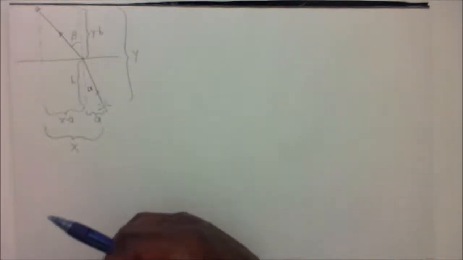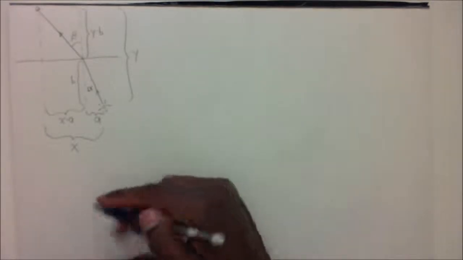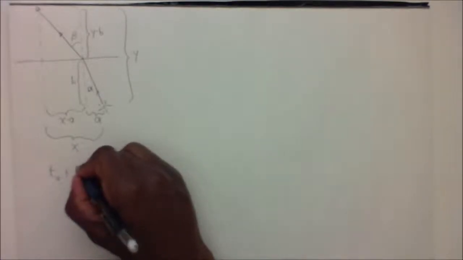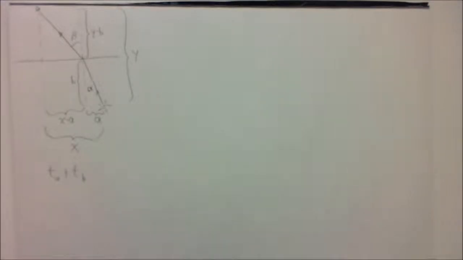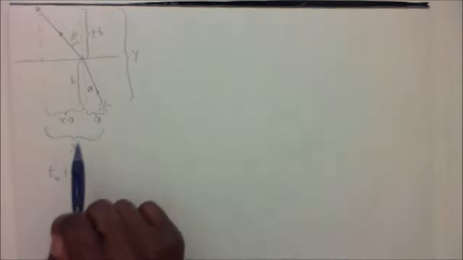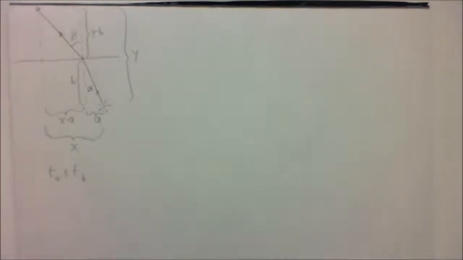So we're going to represent the time that it takes to transit the media as t sub a plus t sub b. We're going to take the derivative of that with respect to a, set that to 0 to find the minimum, and then see what we get from there.